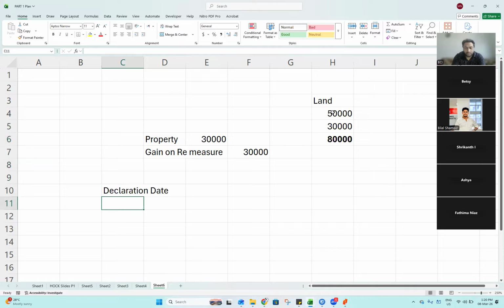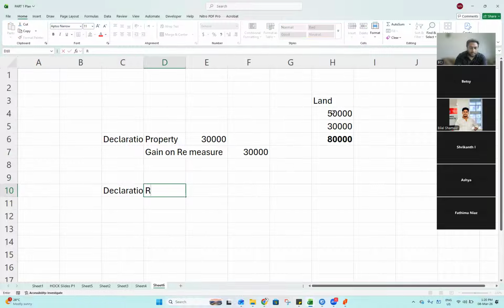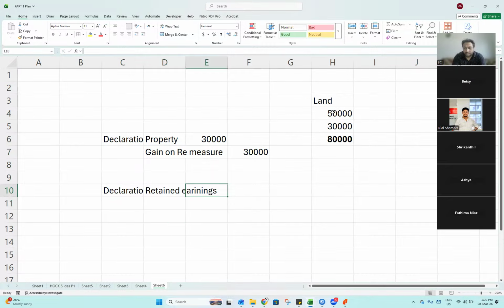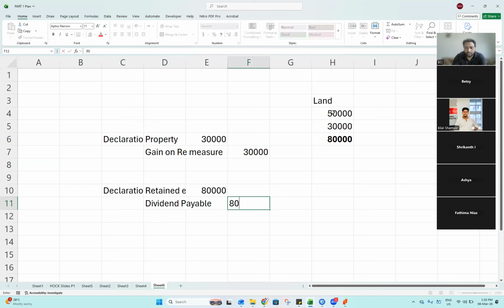Same thing happens here also. On the declaration date itself, one more entry will be passed. That is retained earnings, how much? 80,000 we have to move to dividend payable. 80,000.